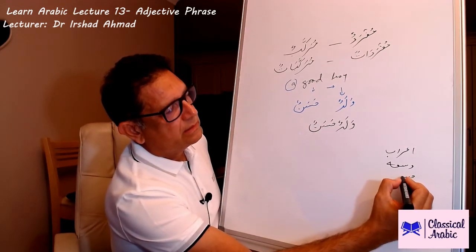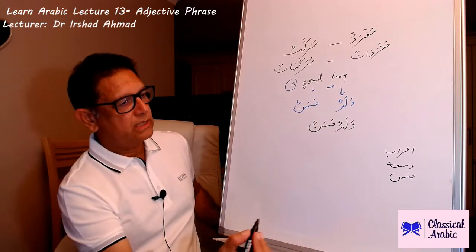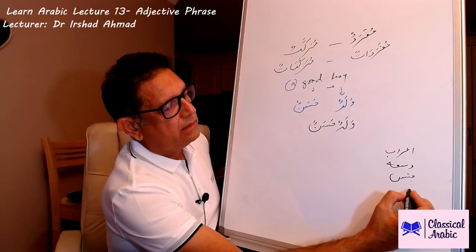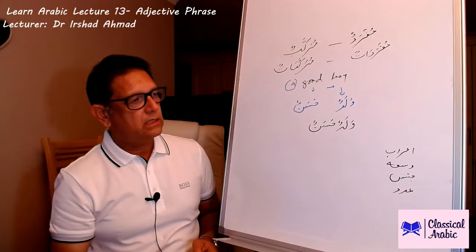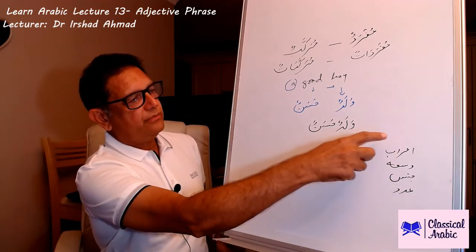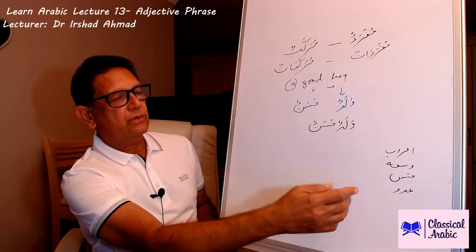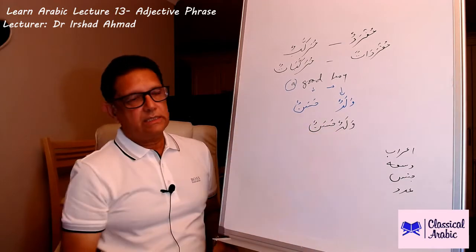Then we said jins, whether it's muzakkar or muannas. And then adad, which is number, whether it's wahid, tasniya or jama. We have to be familiar with these 4 attributes of a noun for correct use of that noun in a phrase or a sentence.